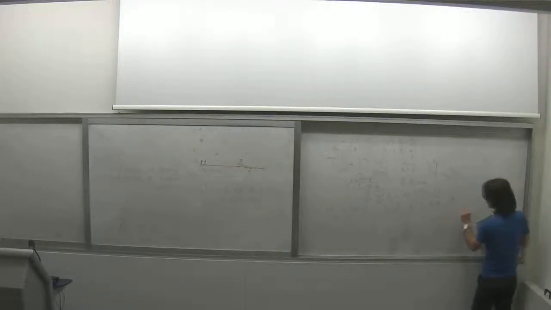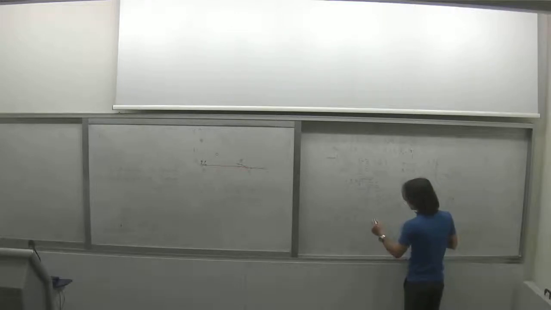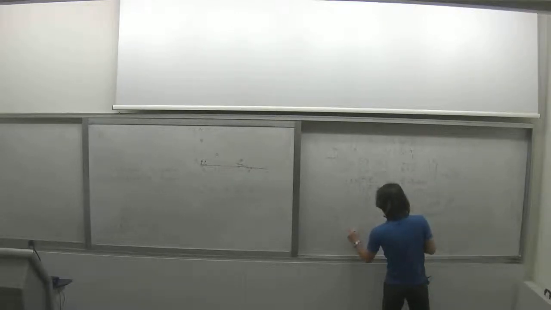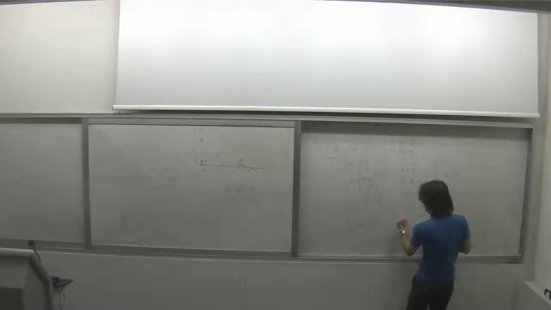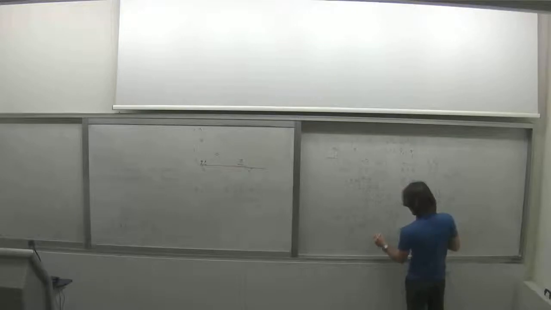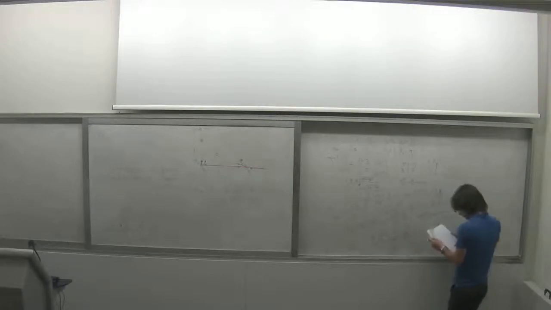So this is a regular stable node, and our lambdas. We have v1 is 1, minus 2, v2 is 0, 1.